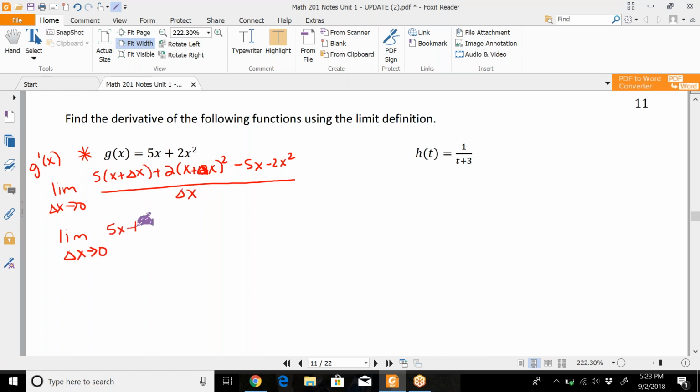So we distribute that 5. We're going to FOIL out the x plus delta x squared. So x squared plus 2x delta x plus delta x squared. Bring down everything else, all over delta x.